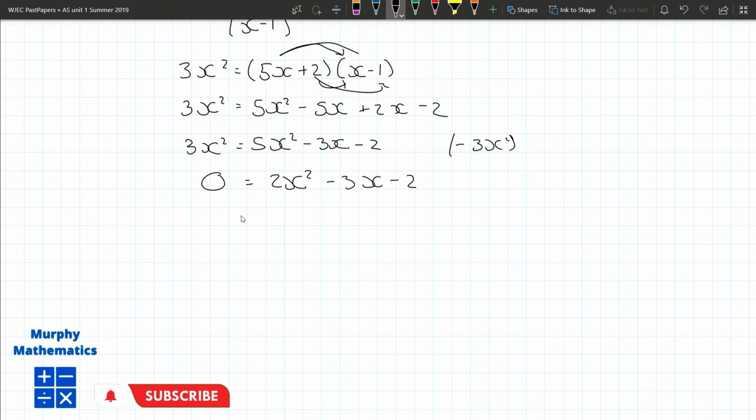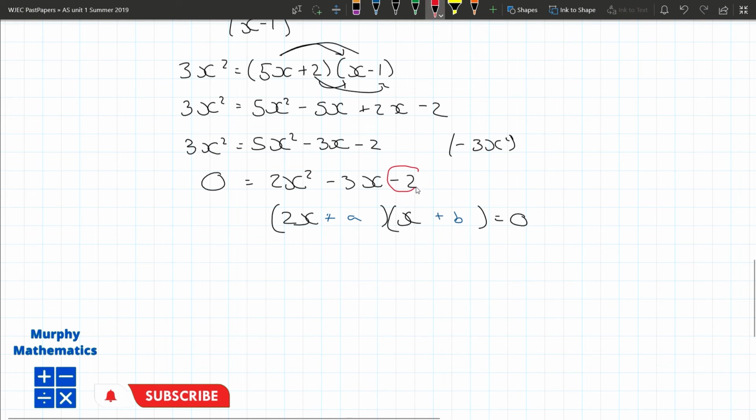So let's factorize. So we're going to have (2x plus a)(x plus b). So my two equations: a times b equals minus 2, and 2b plus a equals minus 3.